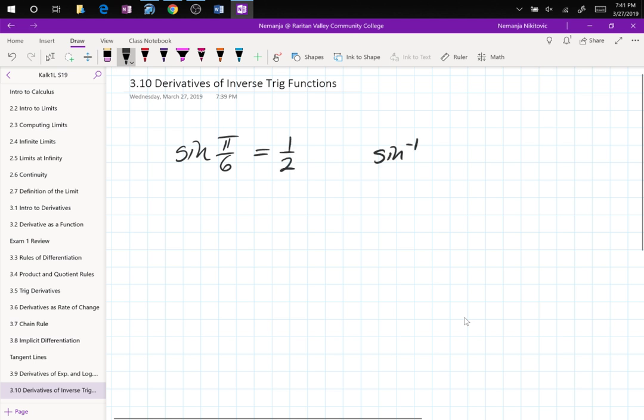Inverse sine of 1/2 will give you the angle back. So that is what the inverse means and the way we use it. Inverse in general is going to undo the function.